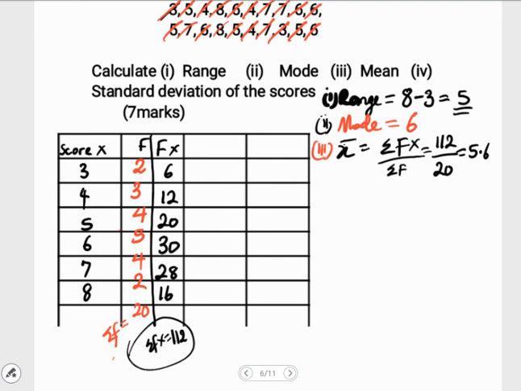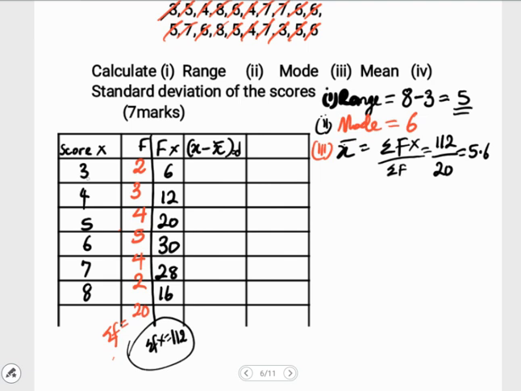Now, the next target is to calculate the standard deviation of the scores. Let's quickly do that. So we need the deviation of the score from the mean, that is the score minus the mean.